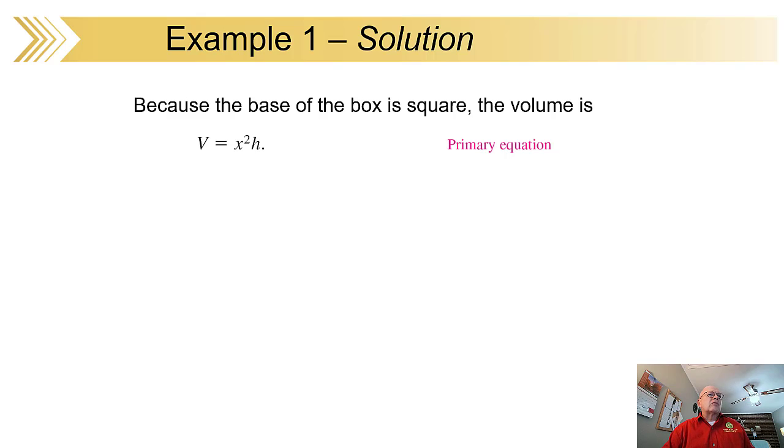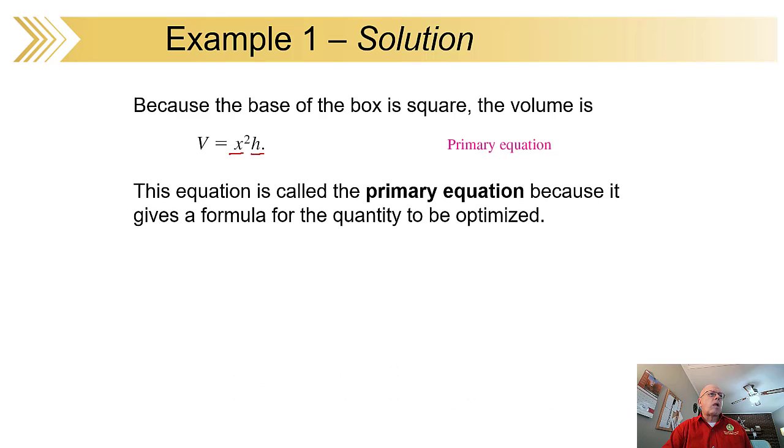The base of the box is square, the volume will be, and this is what we want to maximize, the volume will be x squared h, the bottom times the height. That's the primary equation because that's what we want to optimize.